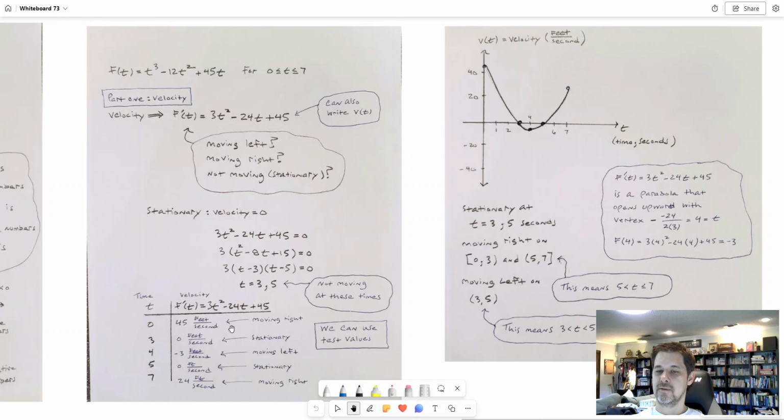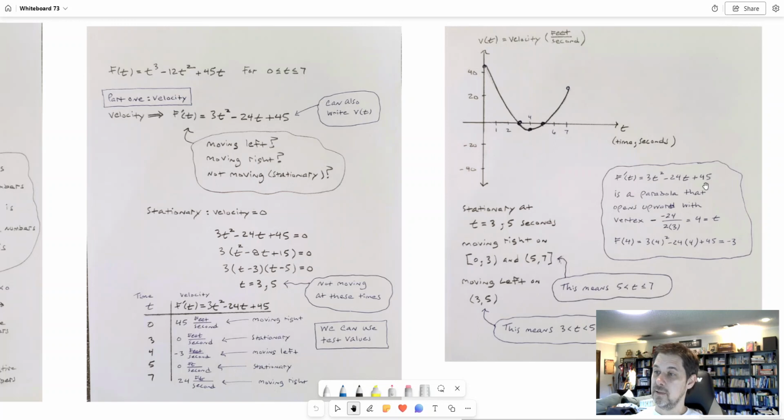So I can just test these 3 times outside of and in between my zeros, and then I can figure out, okay, it's positive less than 3, it hits 0 at 3, it's negative between 3 and 5, it hits 0 at 5, and then it's positive after 5. I can plot the graph that way. Even if I don't know the exact shape, I know it's positive, negative, positive.